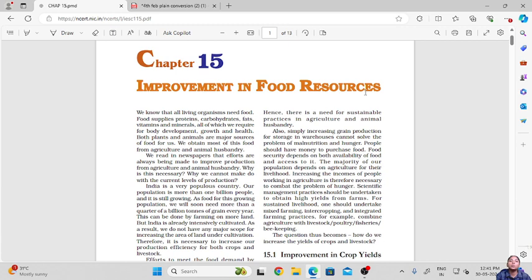Now, as we all know, all living organisms require energy, and this energy is gained by eating food. This food supplies us with proteins, carbohydrates, fats, minerals, and vitamins, and all of these nutrients are required for growth, body development, and maintaining our health.